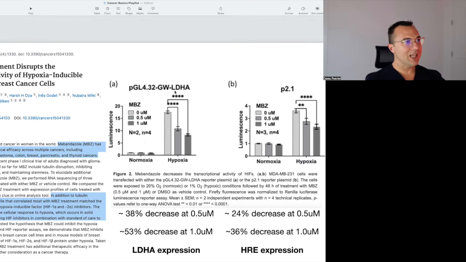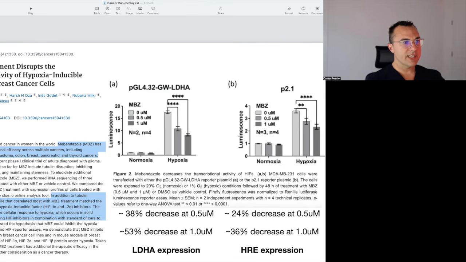This is going to be looking at lactate dehydrogenase A expression, and this is going to be looking at the hypoxia response element, the HRE. We see that at 0.5 micromoles of mebendazole, when added to these breast cancer cells, you see a roughly 38% decrease in lactate dehydrogenase A expression, and a subsequent 53% decrease at 1 micromole of mebendazole under hypoxic conditions, which is more realistic.